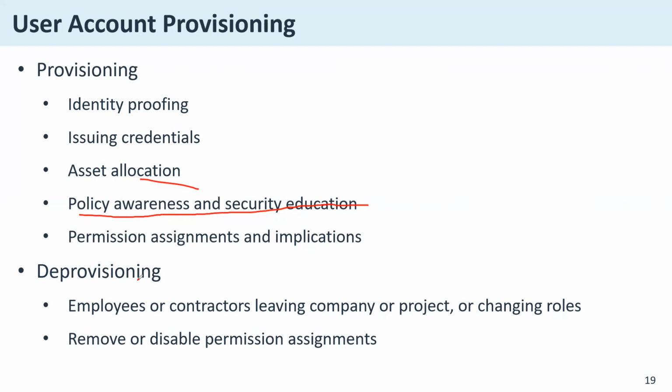So it's a standard practice to deprovision people, remove and disable permission assignments once people are done with certain tasks, or when you are exploring job rotation. Job rotation is where you work in this department, of course, you're going to have some level of permission. Then after 1 or 2 weeks, you work in a different department. Somebody shouldn't carry along all of his permissions as he goes through, right?